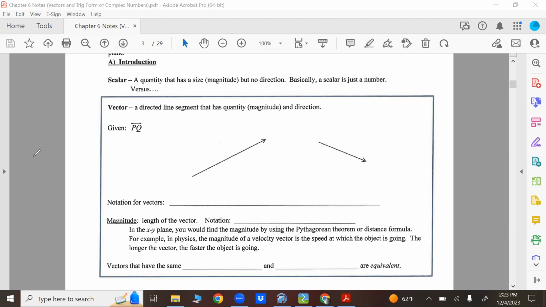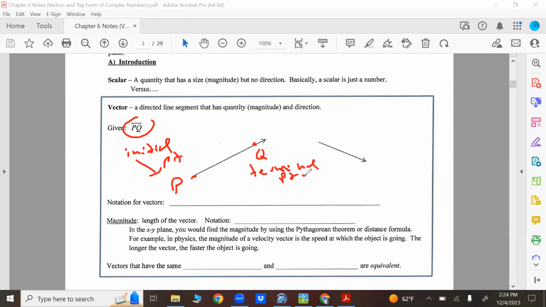Okay, so anyway, P and Q. So when you write it like this, the order does matter because see how the arrow is pointing from left to right, and P is the first letter and Q is the second letter. So we consider P to be the initial point, and we consider Q to be the terminal point where it ends.